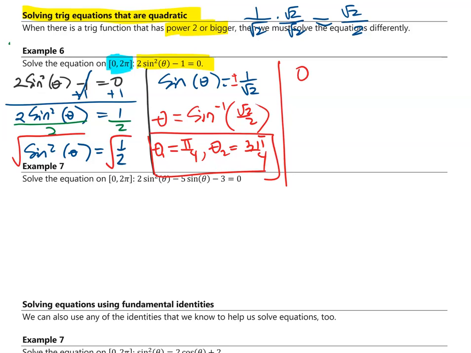The other one, inverse sine of negative square root of 2 over 2. So we will have 5 pi over 4 and 7 pi over 4.